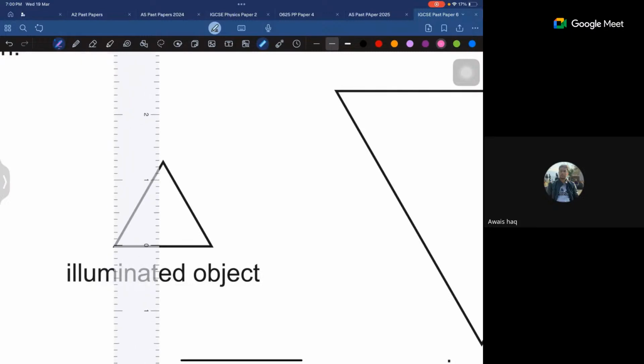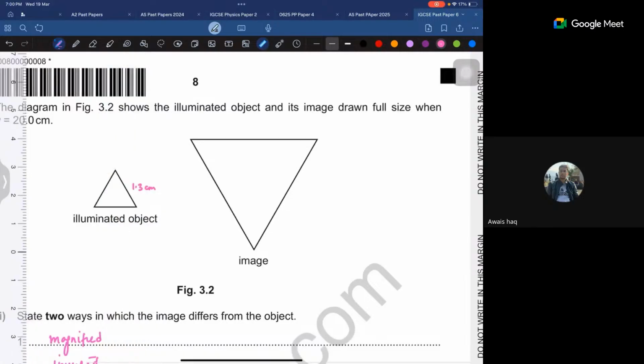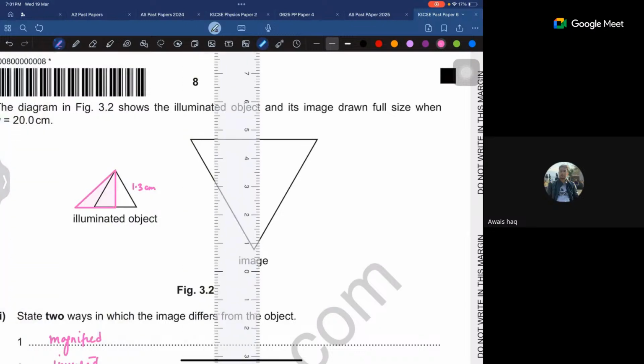So when you put a set square, it's going to give you exactly the height here. Right now, in my opinion, from center to center, it is 1 point, so like top to top. So 1.3 is the height, but in the actual exam, make sure you put a set square here, okay? A set square is an object like this in the geometry box. And also put the set square on that side.